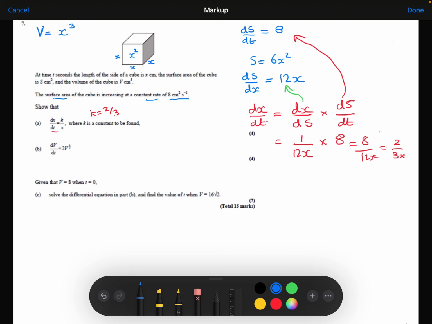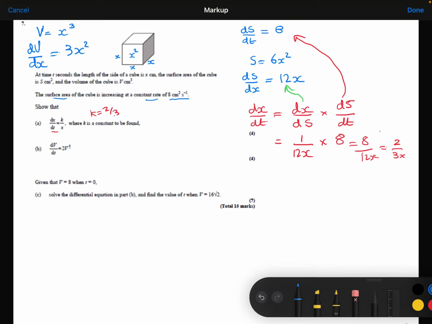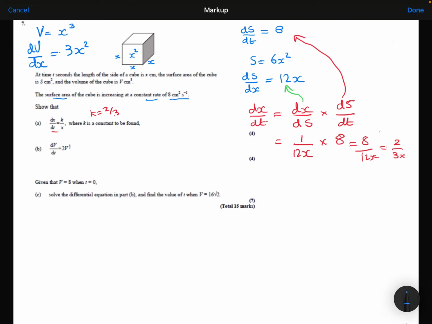So that's going to allow us to differentiate the volume with respect to x, which would be 3x squared. Now, I can write down an expression to connect rates of change involving the volume. So I can say that dv by dt is going to be equal to dv by something times something by dt.